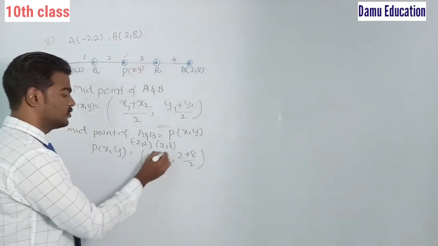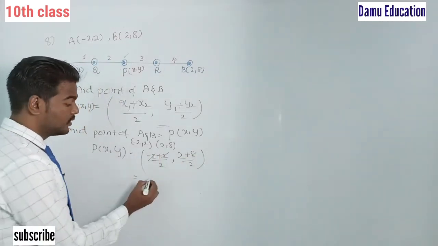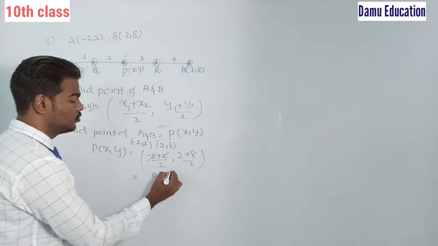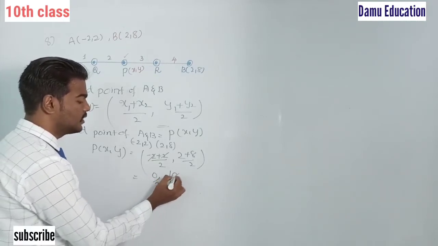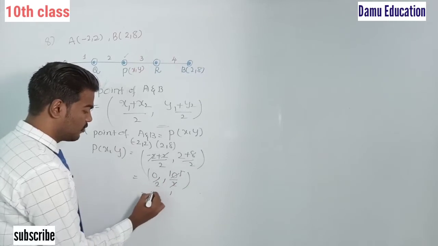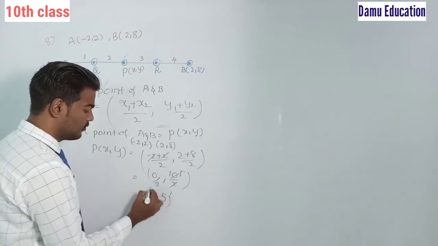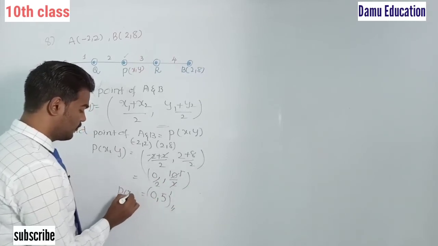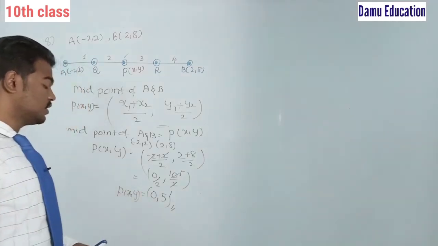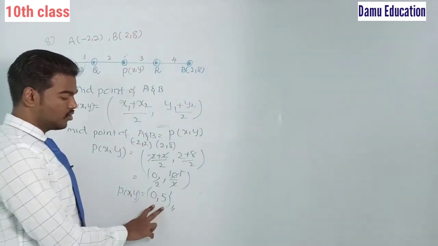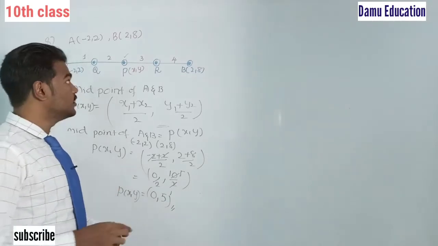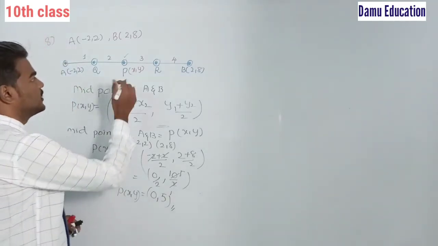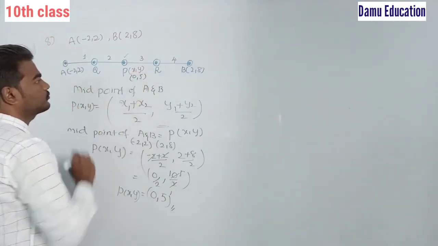So here plus 2 minus 2 will cancel, that is 0 by 2. 2 plus 8 will be 10, 2 fives are 10. That will be equal to 0 comma 5. 0 comma 5 is P of x comma y.